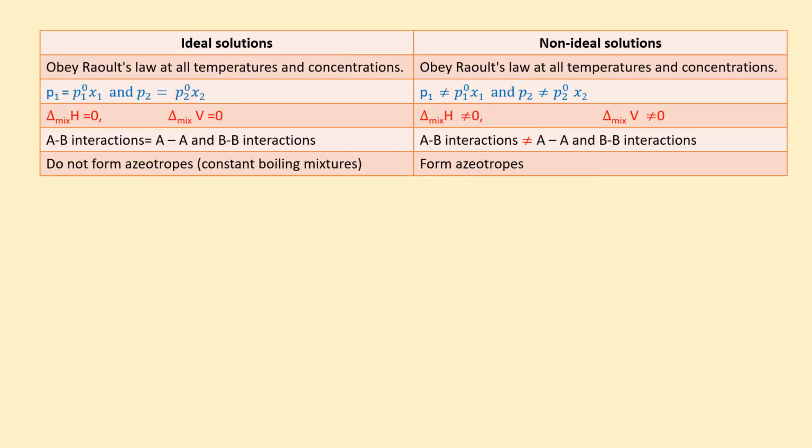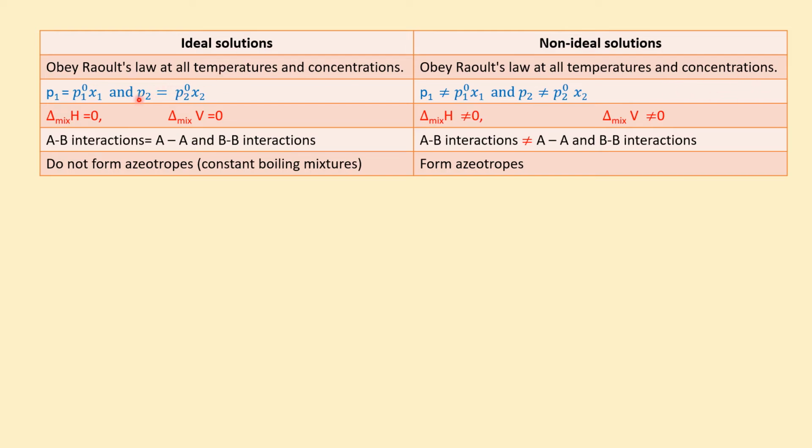Let us summarize the properties of ideal and non-ideal solutions. Ideal solutions obey Raoult's law at all temperatures and concentrations. Non-ideal solutions do not obey Raoult's law at all temperatures and concentrations.